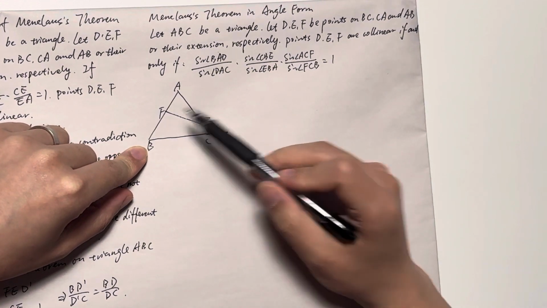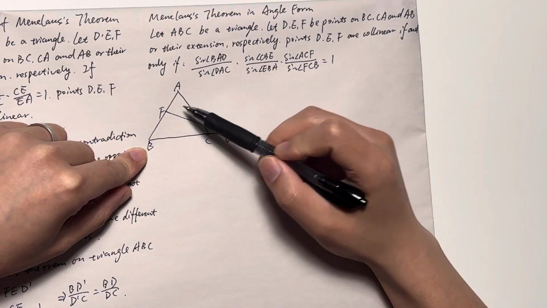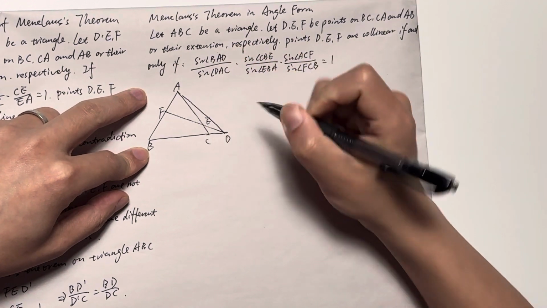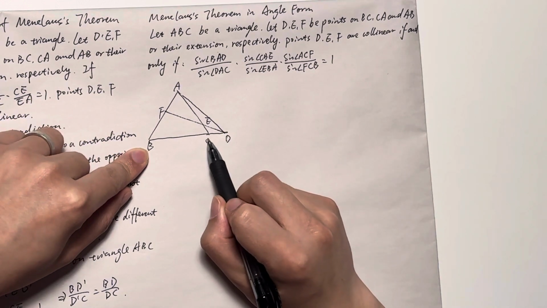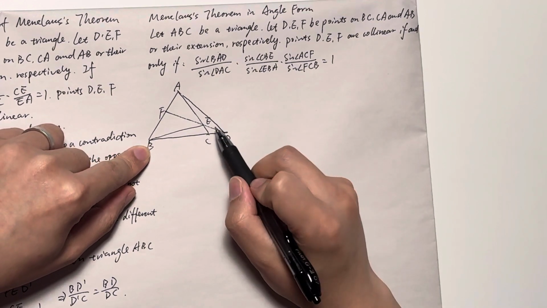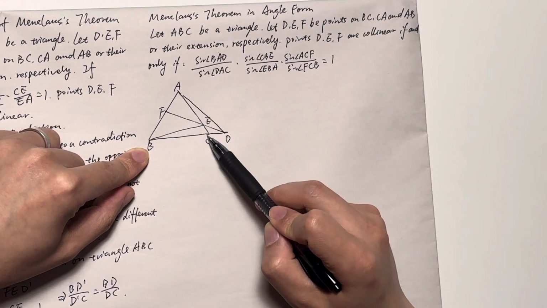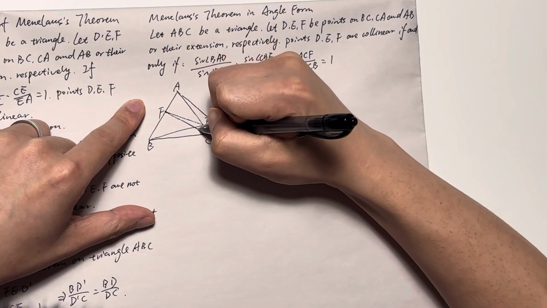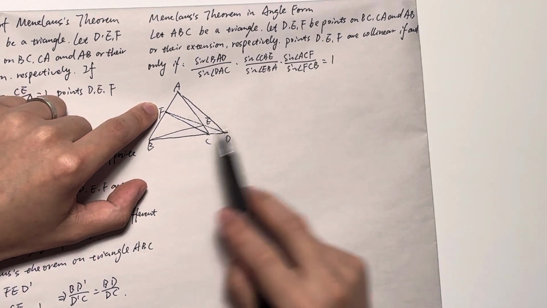Points D, E, F are collinear if and only if sine angle BAD divided by sine angle DAC times sine angle CBE divided by sine angle EBA times sine angle ACF divided by sine angle FCB equals 1.